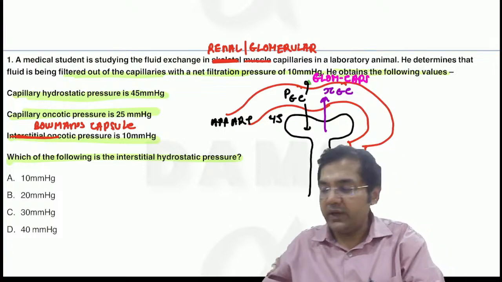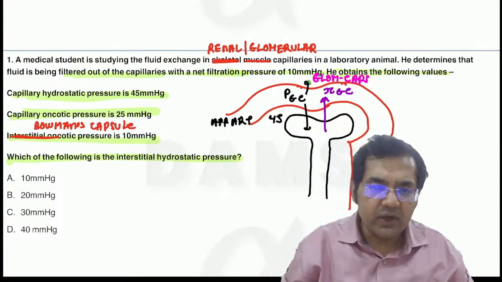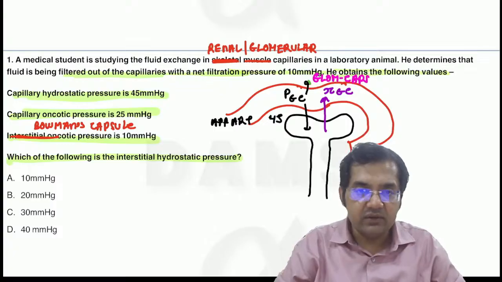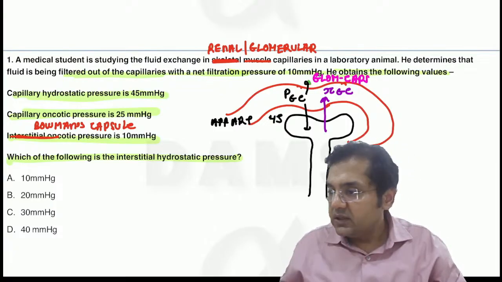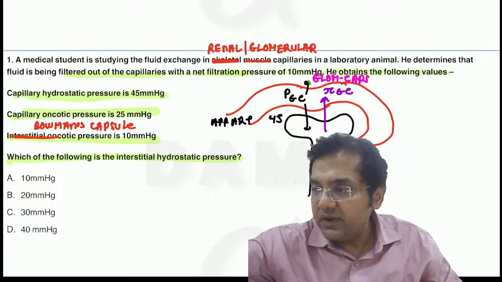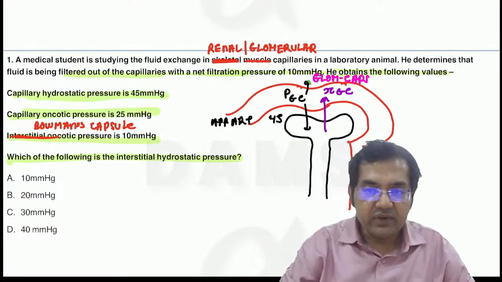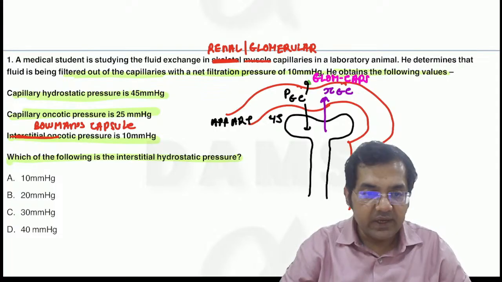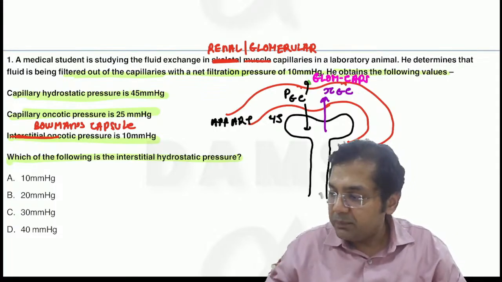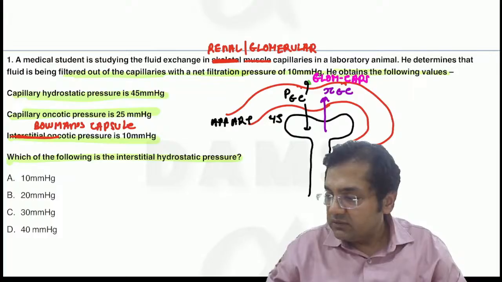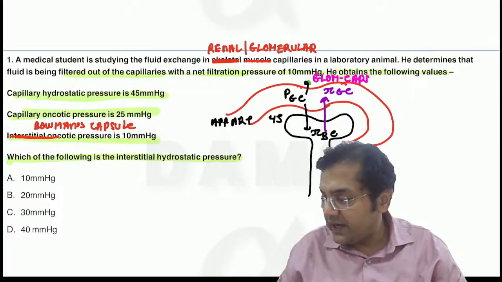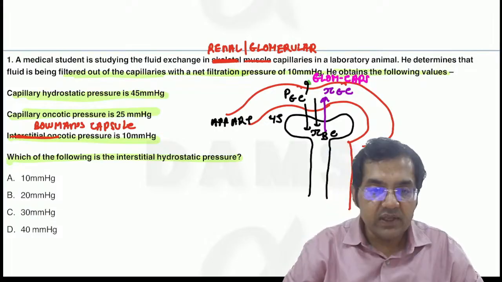Now let's do the question. Because we are doing renal physiology, that is why I've changed the slide question, I have edited. Now as you see this, you will realize that the hydrostatic is 45, oncotic is 25. Bowman's capsule oncotic pressure, let's say pi BC, will also try to pull the plasma out, right?